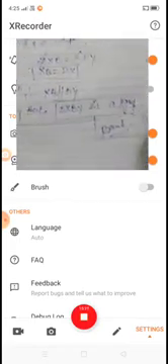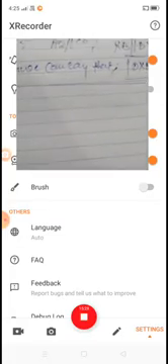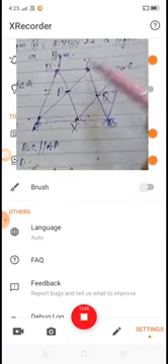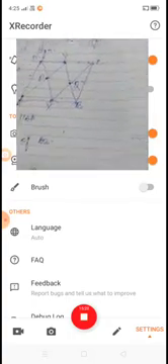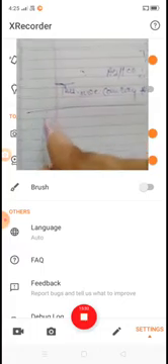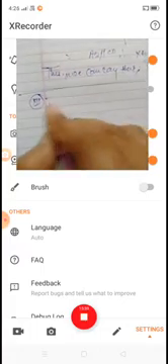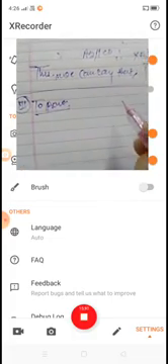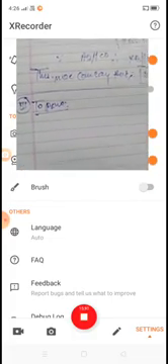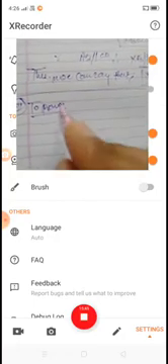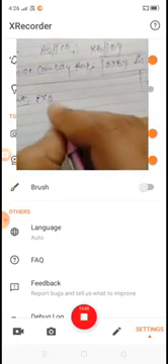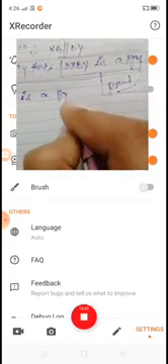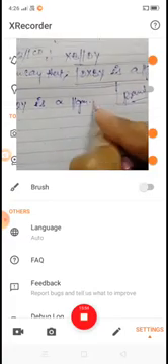Okay, now we have to show that PXQY is a parallelogram. Let's solve the third part. In the third part we prove that PXQY is a parallelogram.